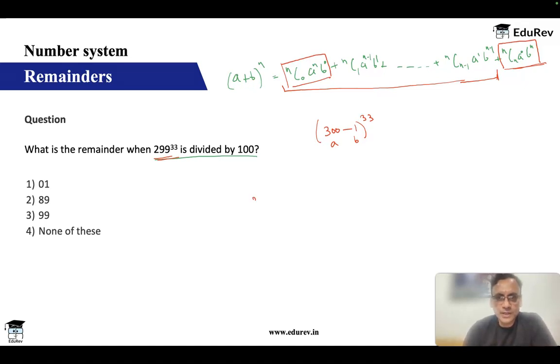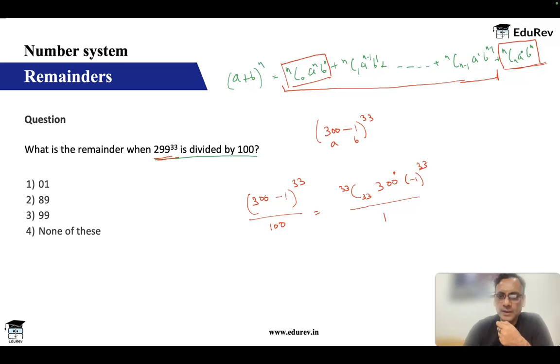So (300 minus 1) to the power 33 divided by 100: all terms except the last term will get divided. The last term will not get divided. And what is the last term? The last term is 33C33, 300 to the power 0 into (minus 1) to the power 33.